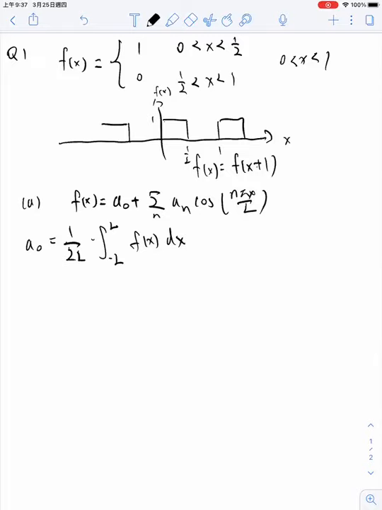Because the upper bound and lower bound have the same value, we take the range from here to here. So L is equal to 1/2.